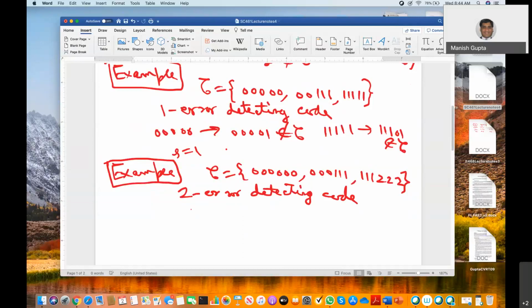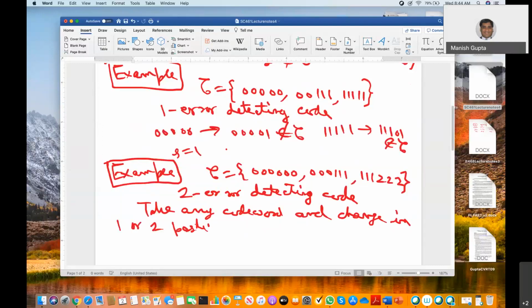Why? Because if you take any code word and change it in one or two positions, it does not result in another code word.